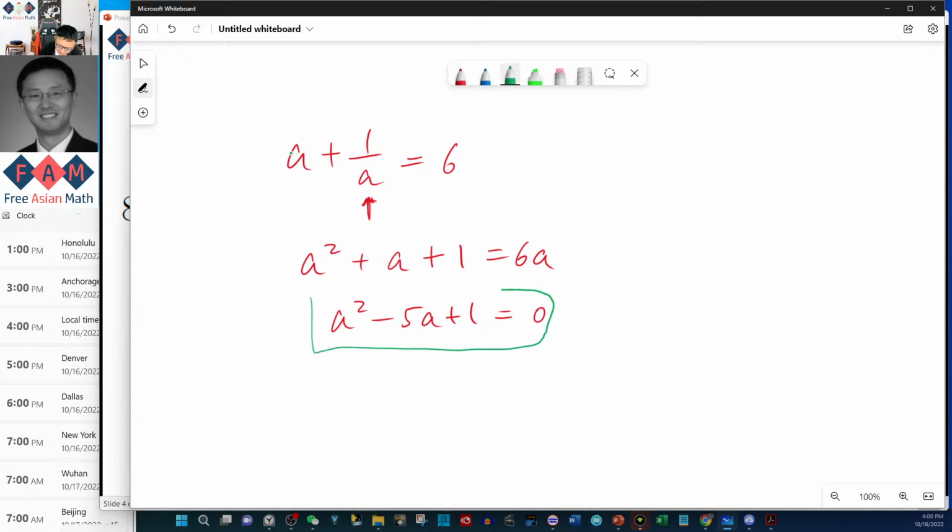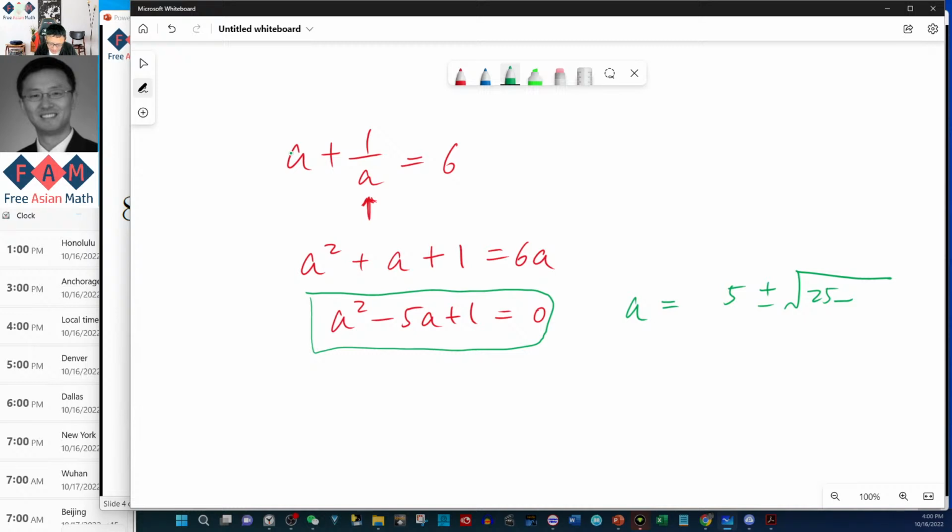The solution: because there's no way to factorize the expression on the left, a's value is quite complicated. If you use the general quadratic formula, that would be 6 plus or minus the square root of 36, that's b squared, minus 4ac. Here a is 1, meaning the coefficient of the quadratic term, not the a here.